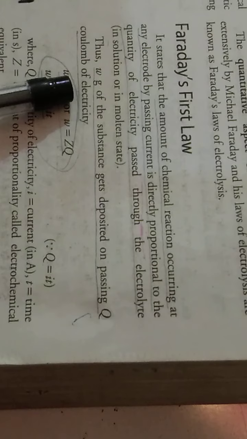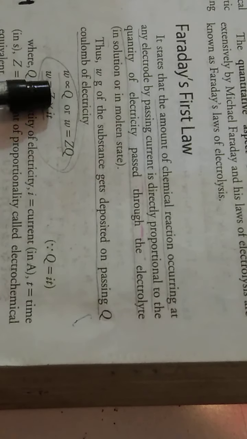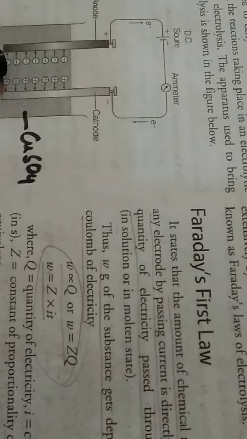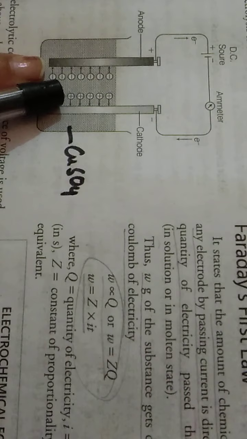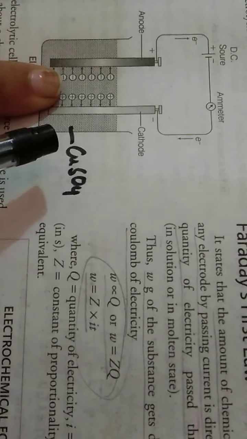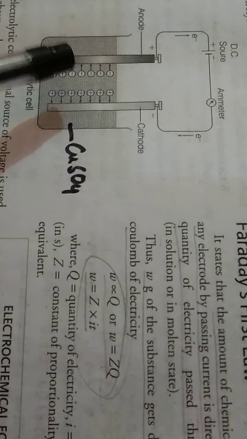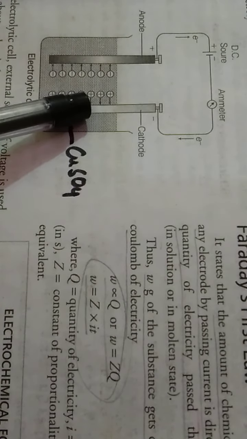So if W gram of substance gets deposited on passing Q coulomb of electricity. Suppose मैंने आपको बताया था हमने यहाँ पे electricity pass करी है. So if we have passed electricity through this solution having electrolyte, then what happens, children? The pure copper got deposited on cathode, na.